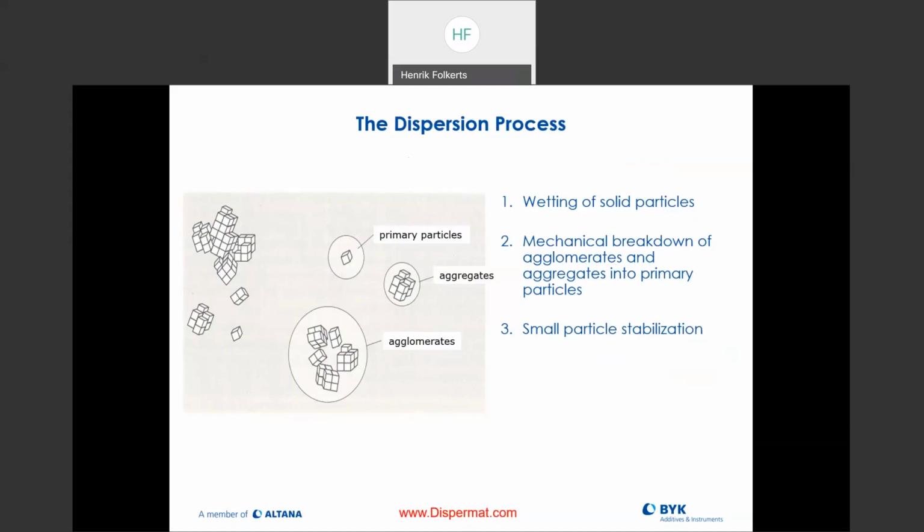I need to do media milling. That will help me turn the aggregates down into the primary particles. So the first step is the wetting of my solid particles as I'm introducing them into the fluids, and then the mechanical breakdown of these agglomerates into aggregates, and then with the milling equipment into the primary particles.